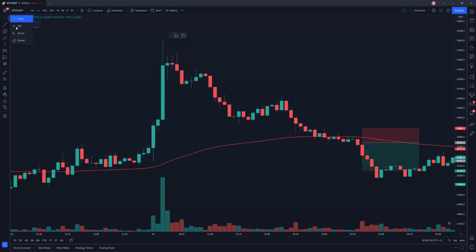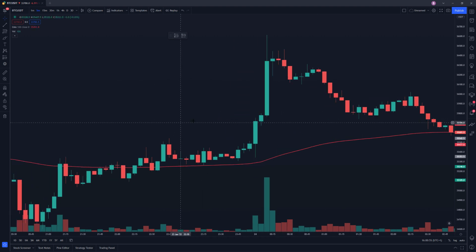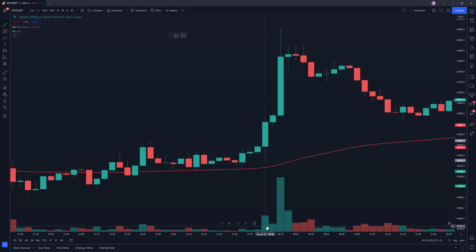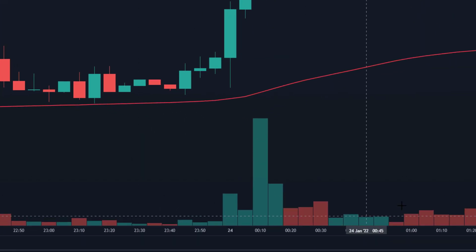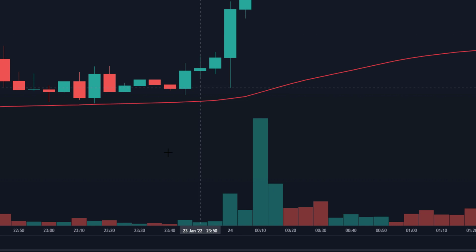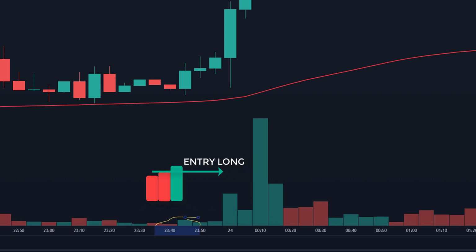But what we want to see with the volume is when we are in an uptrend, so it's above the 100 EMA. I'm gonna zoom in a little bit for you. And on the bottom you see our volume, and the red bars, when there are red bars in an uptrend and there comes a green bar after it which is higher than the previous red bar, so like here, that's a point where we take a long position.